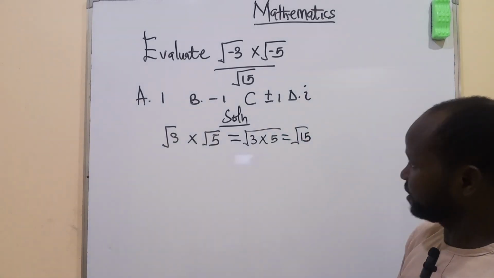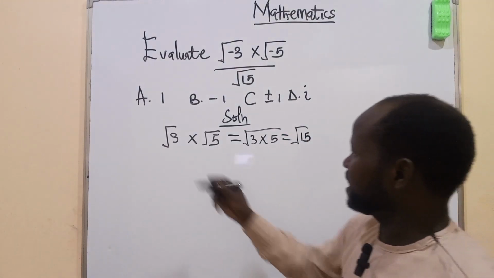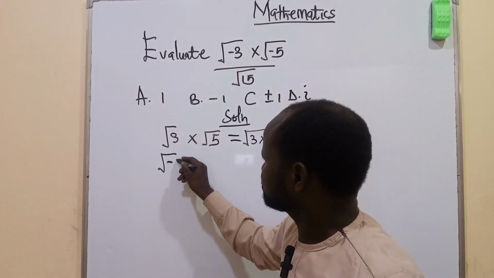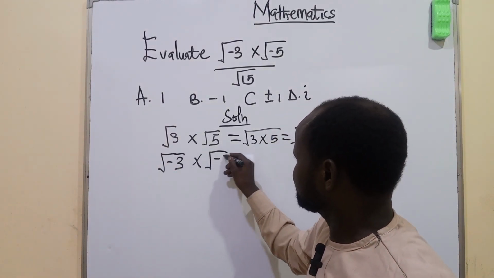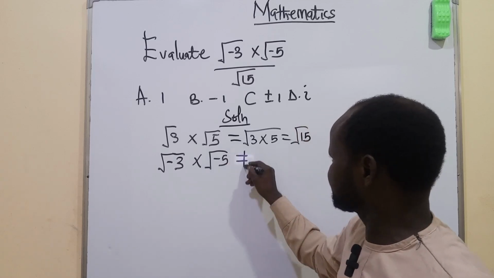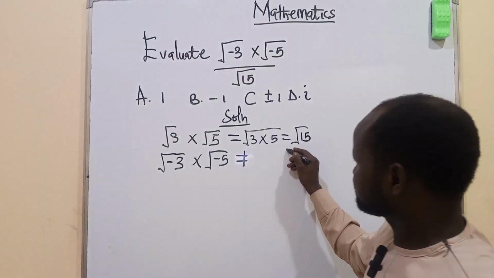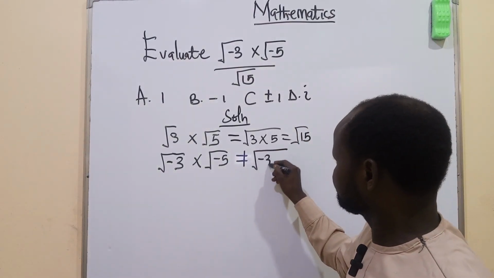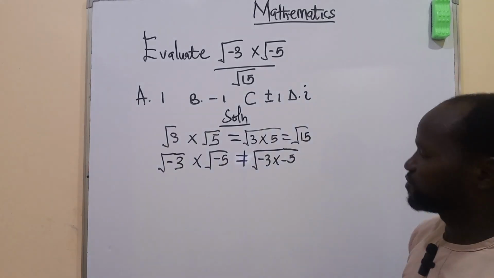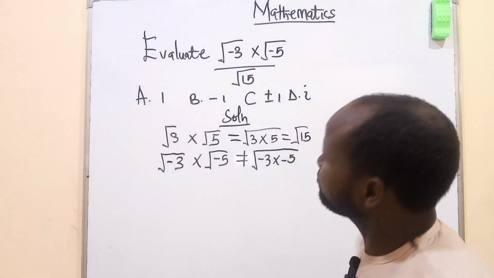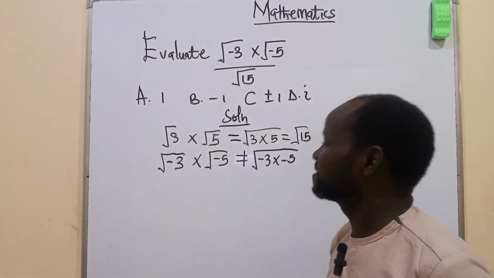Very important, okay? But root minus 3 times root minus 5 is not the same as the square root of minus 3 times minus 5. They are not the same. So if that's the case, how then can we analyze this?